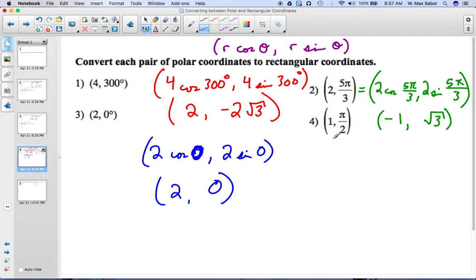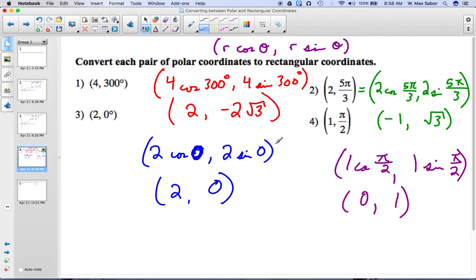Number 4, we have 1 comma pi over 2. So that's going to be 1 cosine pi over 2, comma 1 sine pi over 2. And cosine of pi over 2 is 0, sine pi over 2 is 1. So that's how we convert from polar coordinates to rectangular coordinates.